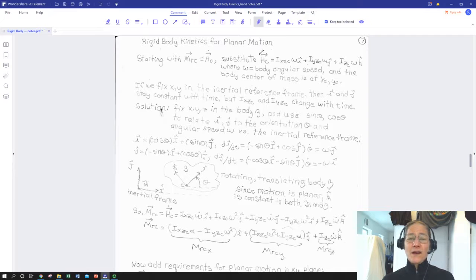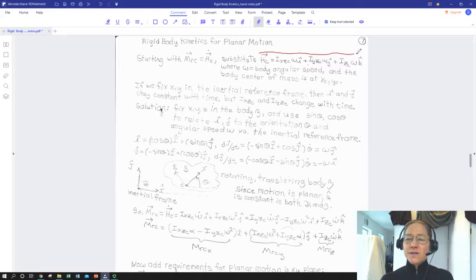Well, in a previous lecture, when we started our section on rigid body planar kinematics, we defined the angular momentum of a rigid body in planar motion about its center of mass, about any point. But the center of mass expression was really easy. So I've rewritten that here.